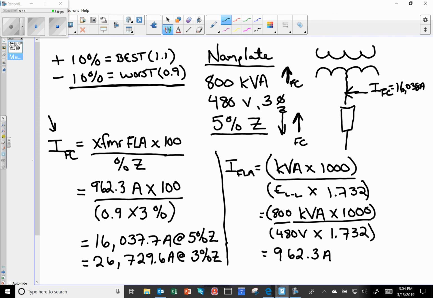Put that into our calculators. We have 962.3 full load amps times 100 divided by 0.9 times 3.